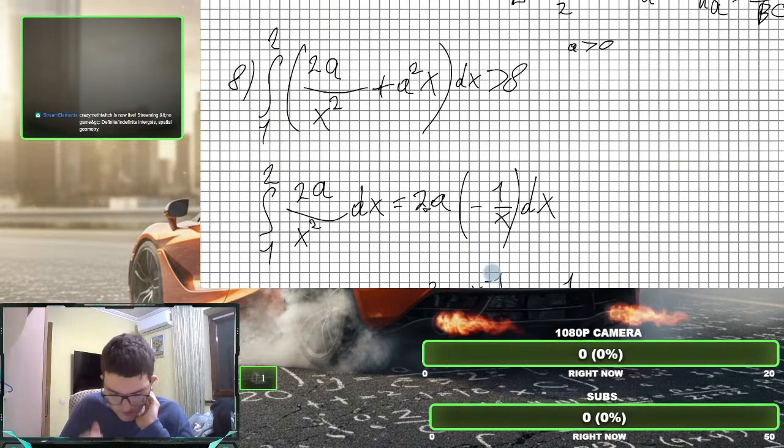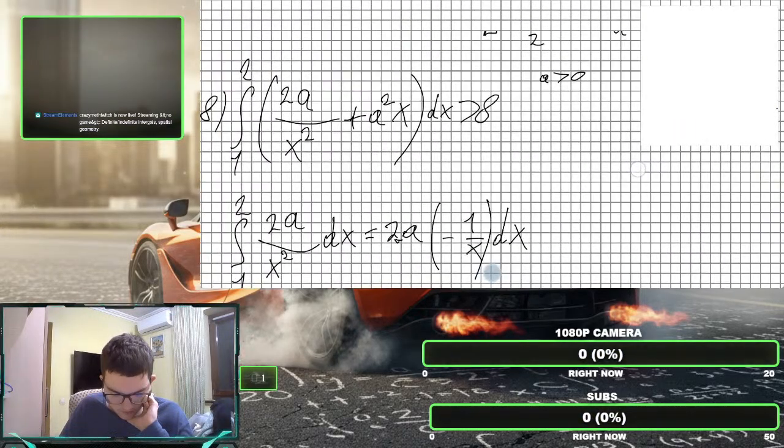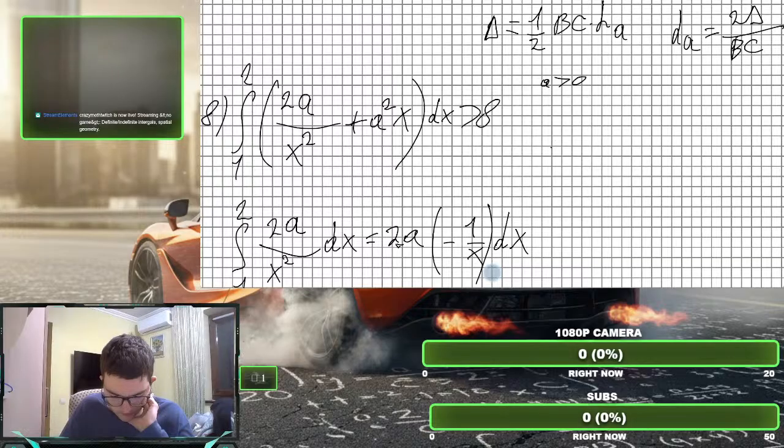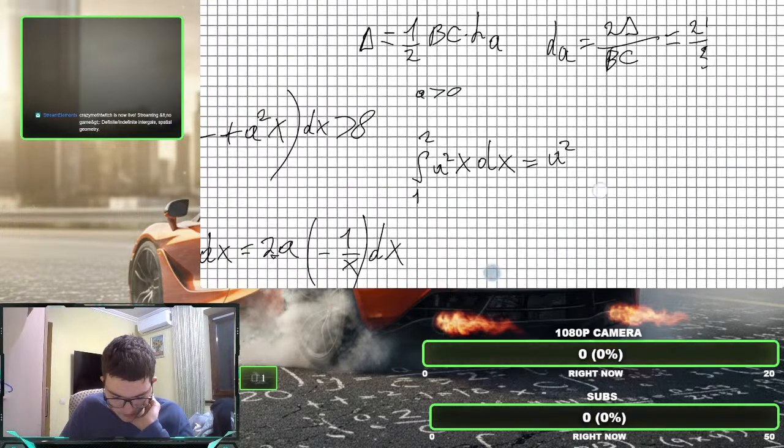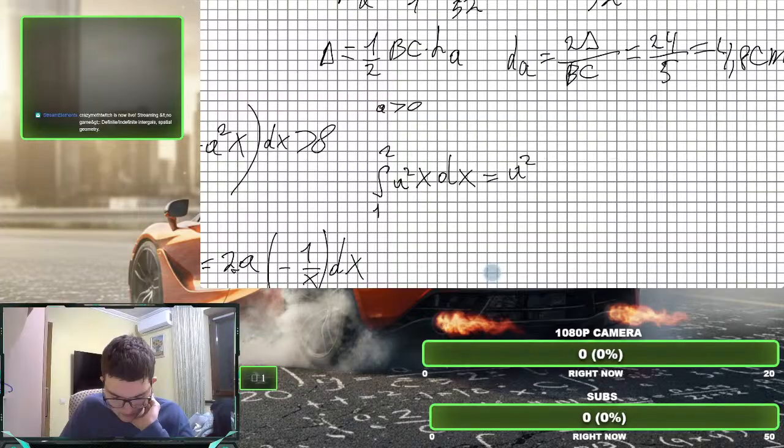For the second part of the integral, I would do this. So integral from 1 till 2 of a at the second power x dx. Well, yeah, I can put the a up front, so if it's just x, it's x at the second power divided by 2.